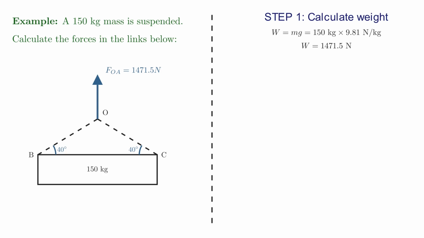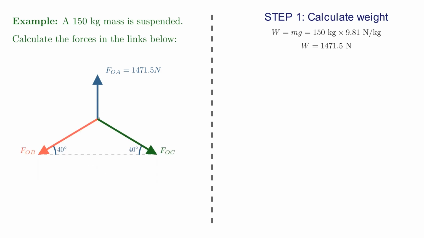The next step is to resolve the forces that we have acting from O to B and C. So the force FOB, we want to resolve this into a horizontal and a vertical force. So we know, because of Z angles, that in this triangle, the angle at the top is going to be 40 degrees.